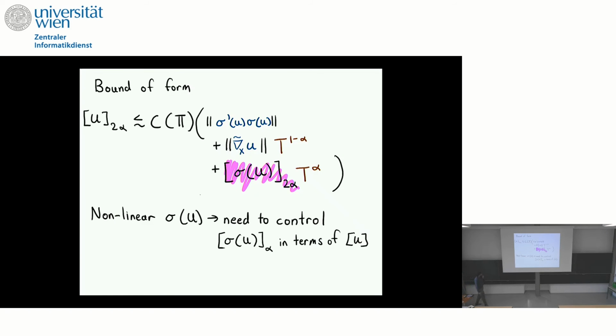Okay, but if I have sigma of u genuinely nonlinear, then I need to control the modeled norm of sigma of u in terms of the modeled norm of u.